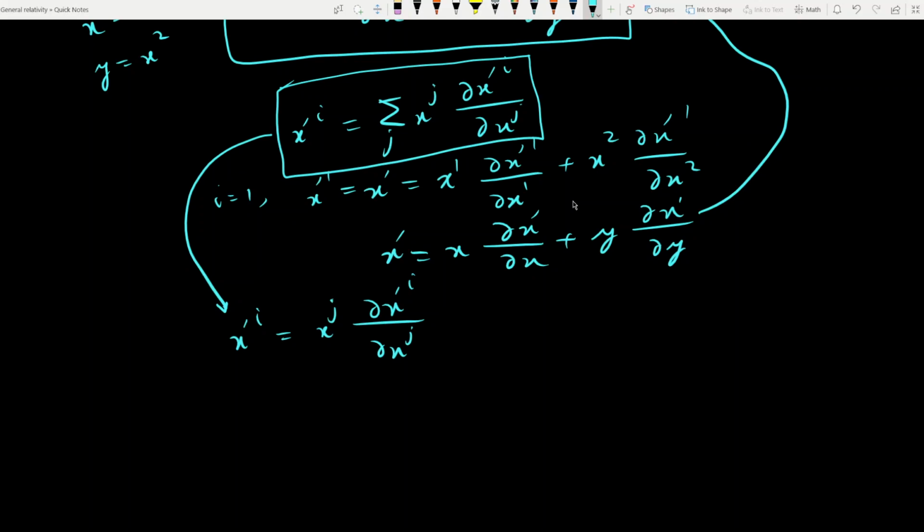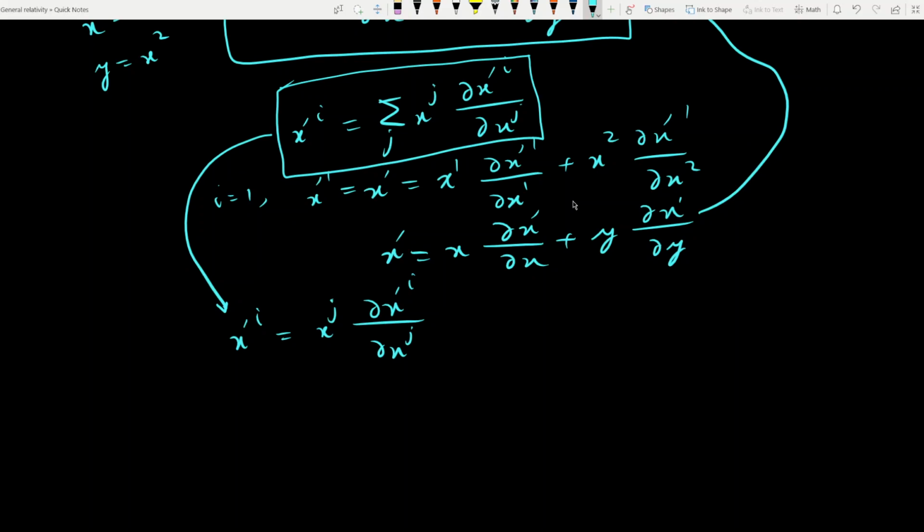He just removed this summation sign and made the work a lot easier, because when we derive the Einstein field equation, there will be lots of tensor equations, and writing the summation sign is a very hectic process.